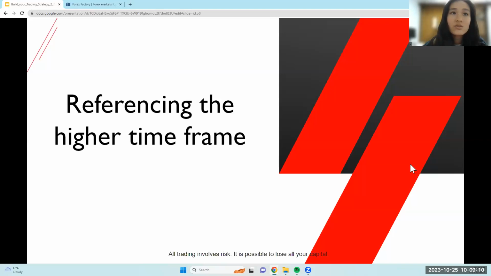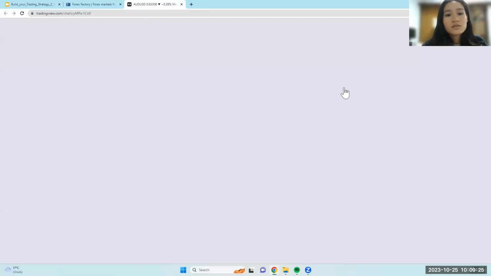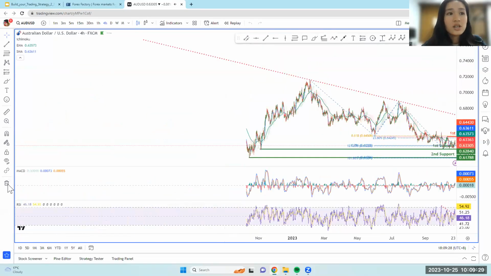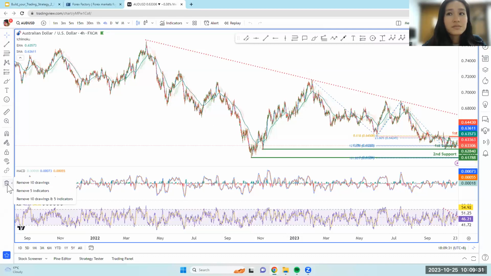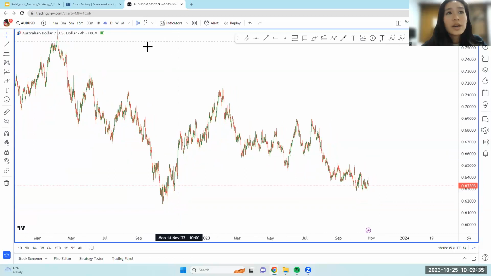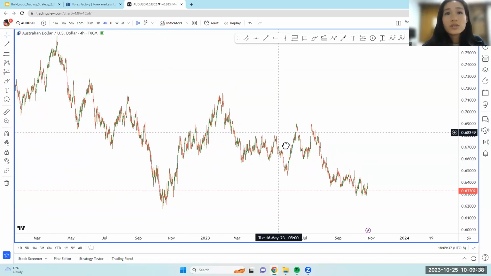Now we are referencing the higher time frame. What we mean by this, let me pull out my charts to show you. Let's say I'm looking at the Aussie dollar on the 4-hour time frame.